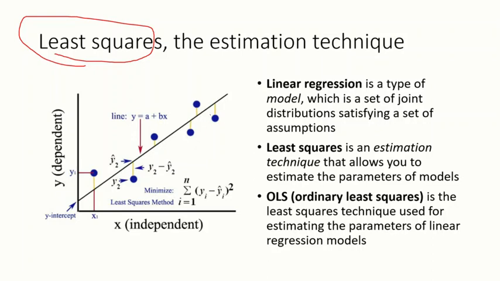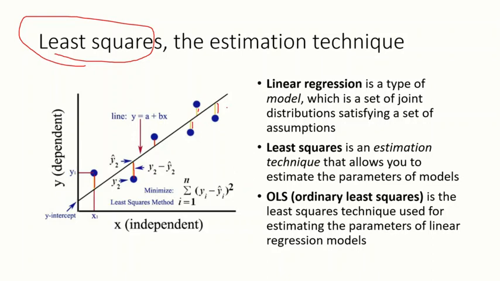You try to find this line, and make the distance from each observed point, if you draw a line along the y-axis, to make those yellow distances as small as possible. So that's what you want to achieve by fitting the model.